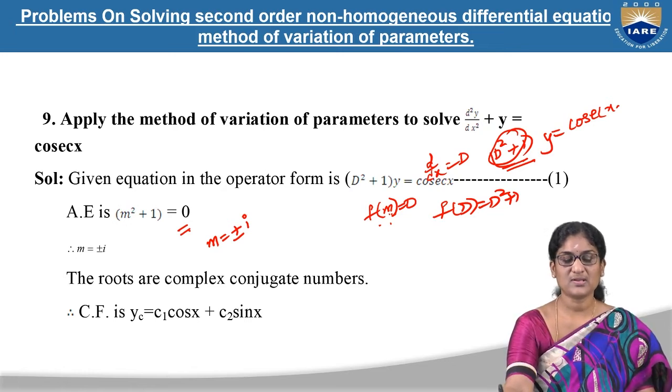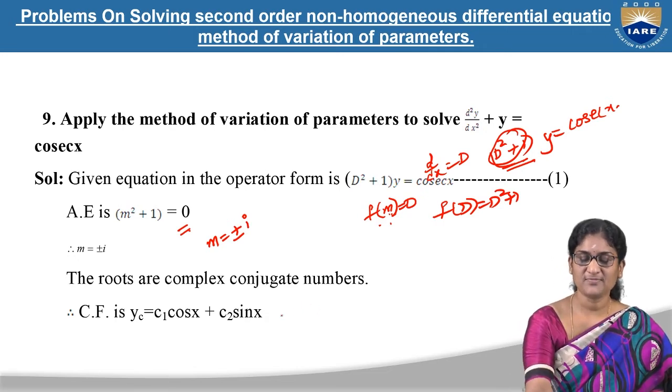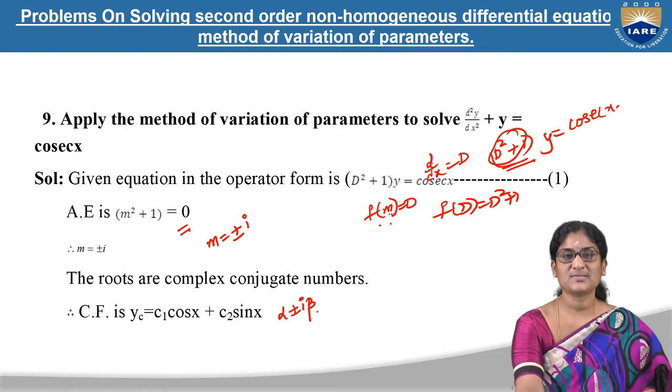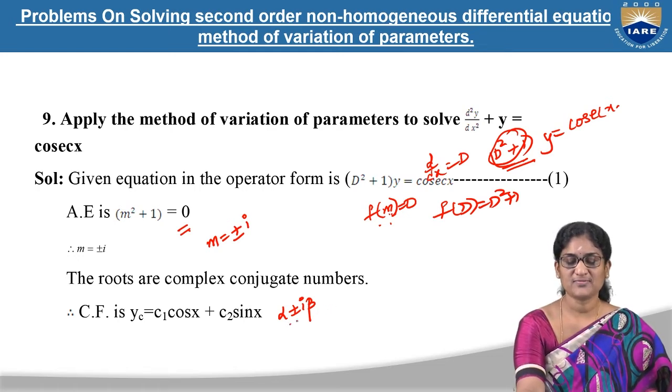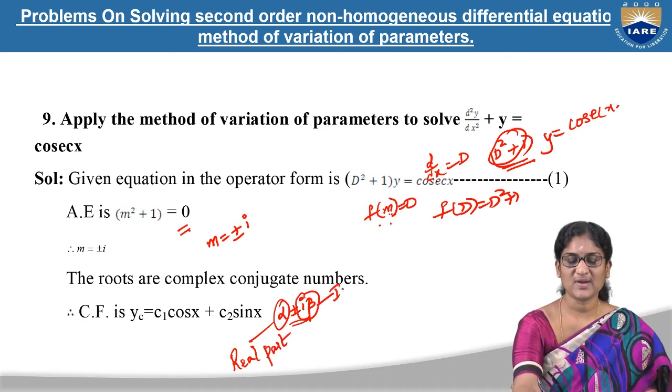So the roots of m square plus 1 equal to 0 are m is equal to plus or minus i, and these are complex roots. Complex roots and surds always appear as conjugates. If alpha plus i beta is a root, alpha is called the real part and i beta is called the imaginary part.